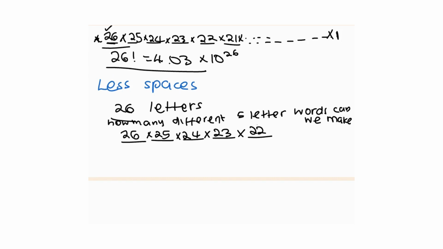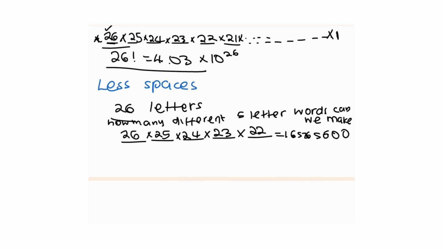So 26 times 25 times 24 times 23 times 22 gives me 7,893,600. So these are the different 5-letter words that we can make out of 26 letters.